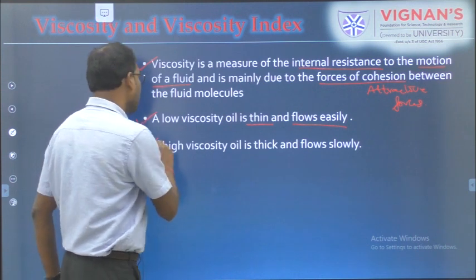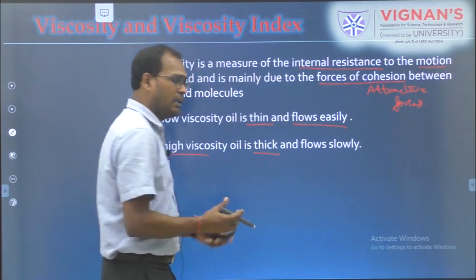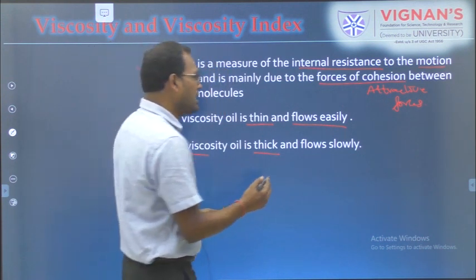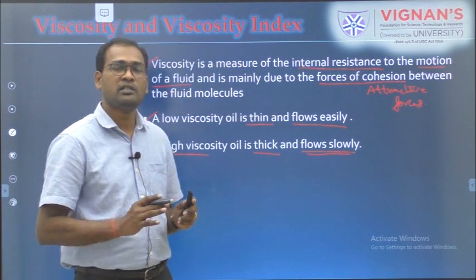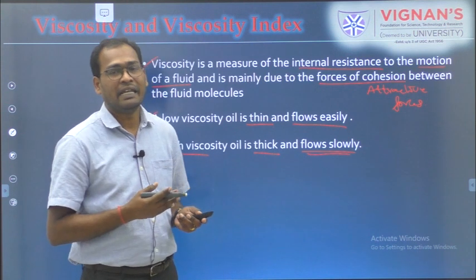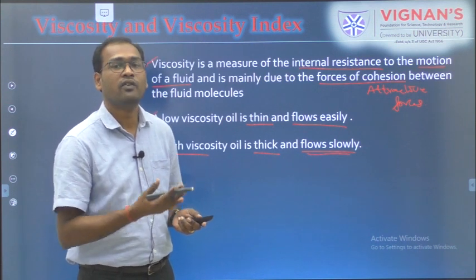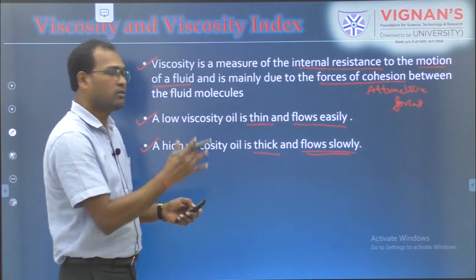And if a system has very high viscosity, that means it forms a very thick material and it will flow slowly. Simple as that. If a system is viscous, it will not flow freely, and if it is less viscous, it will flow freely. This is important to understand the coming topics.